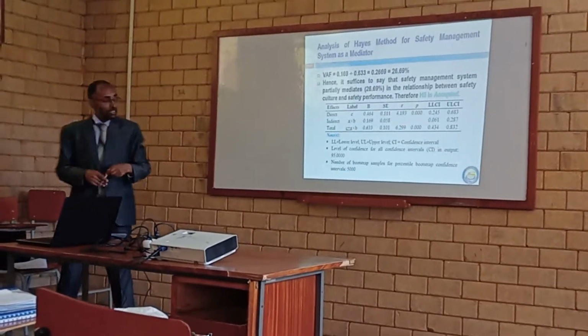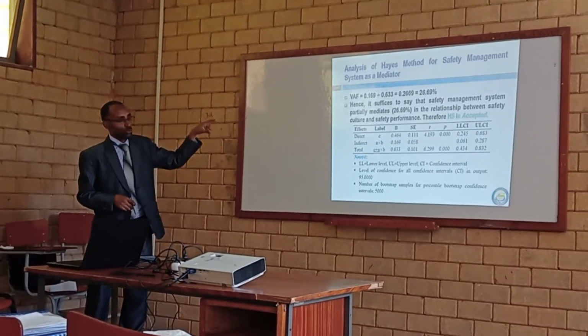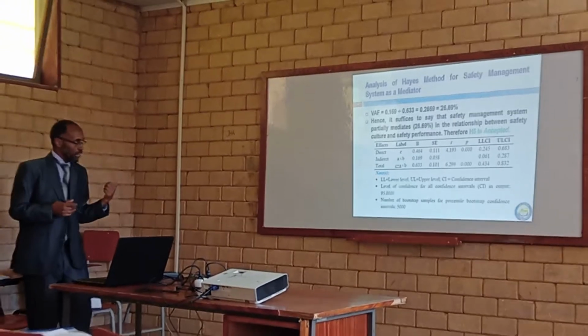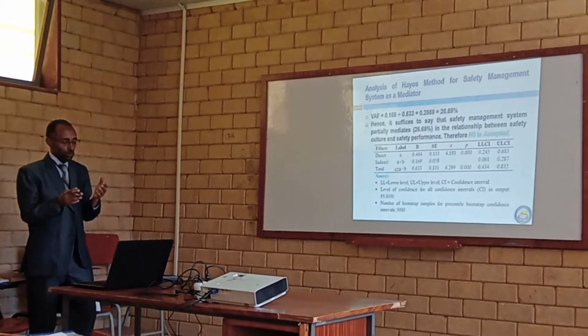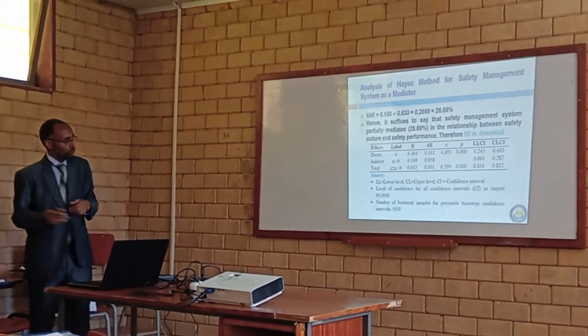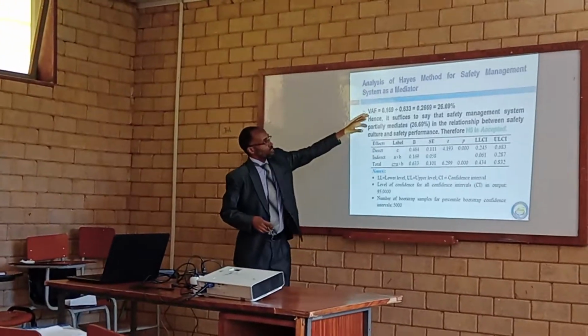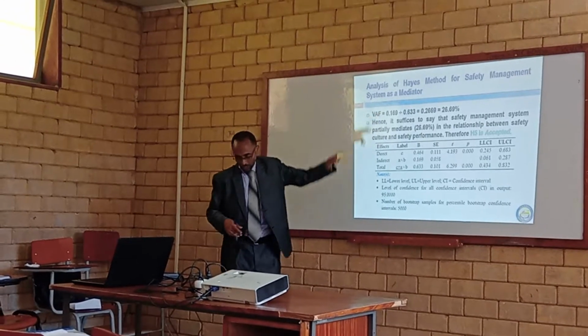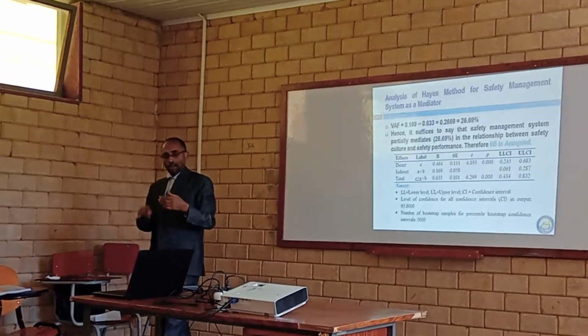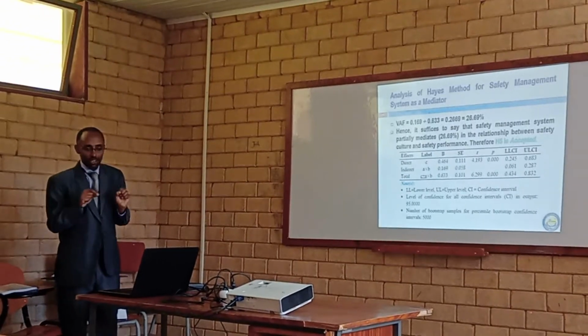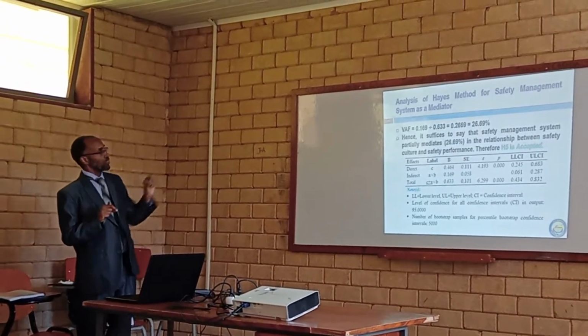That means it is this approach that determines the mediation effect of the safety management system in the relationship between safety culture and safety performance. Based on this calculation, we have 26.69%. So SMS partially mediates the relationship between safety culture and safety performance.